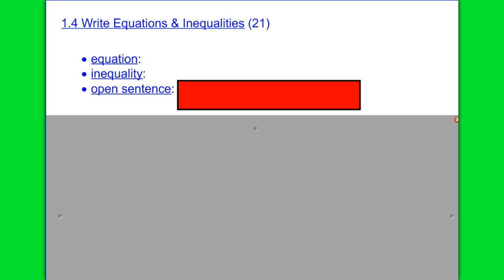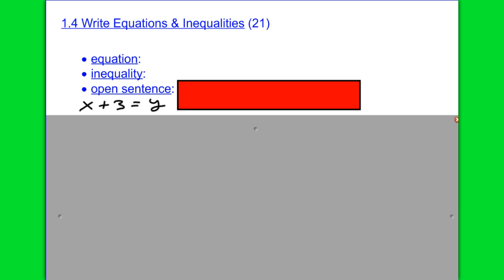Okay, so we have this thing called an open sentence. And an open sentence means it's open to infinite possibilities. And this is algebra. So an open sentence might be something like x plus 3 equals y.